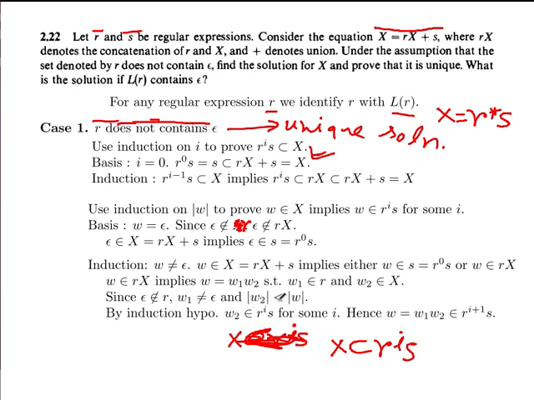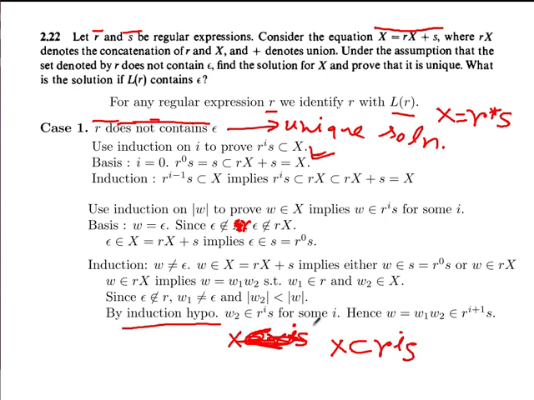And if this is strictly shorter than W, then we can employ our induction hypothesis, right? Since we are doing induction on the length, it holds that W2 is a member of some R^i S. Okay. That is what we are trying to prove.